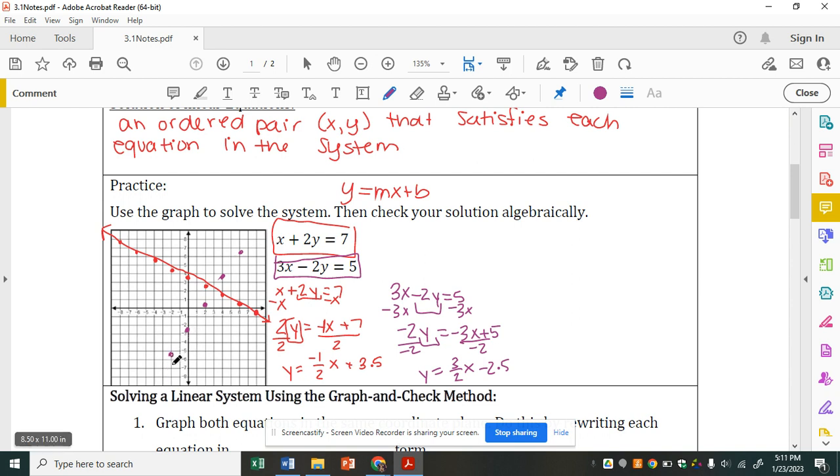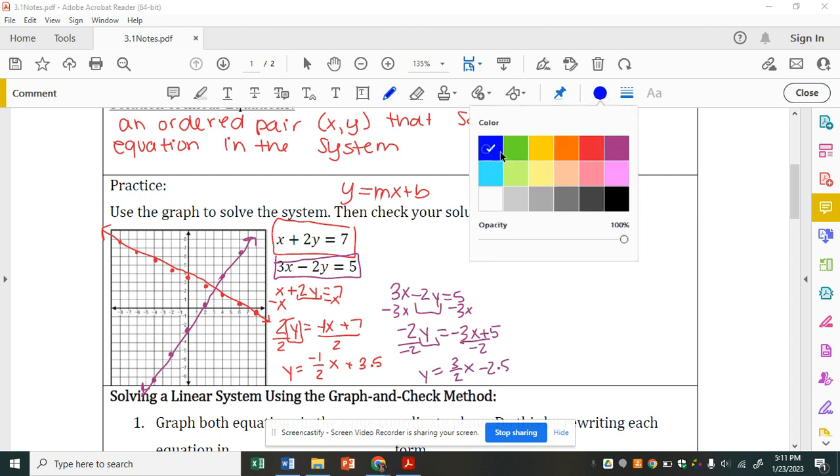So you guys can see that right now, there's no new information that I've introduced to you, right? Everything is what we did in the last section. We've taken equations like this and made them into slope-intercept equations, and we've taken slope-intercept equations and graphed them.